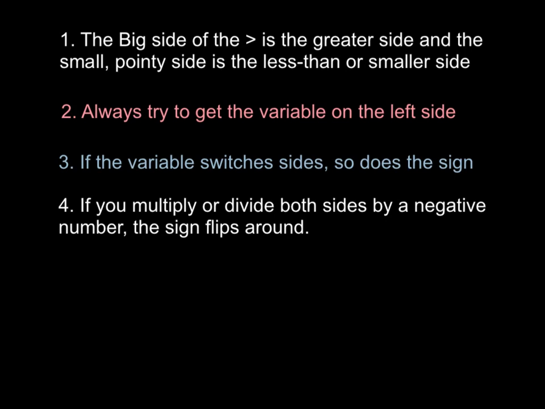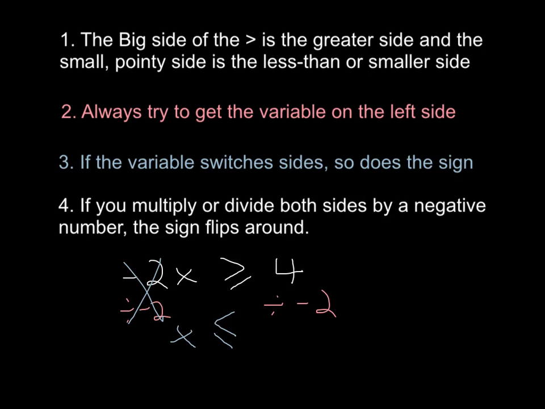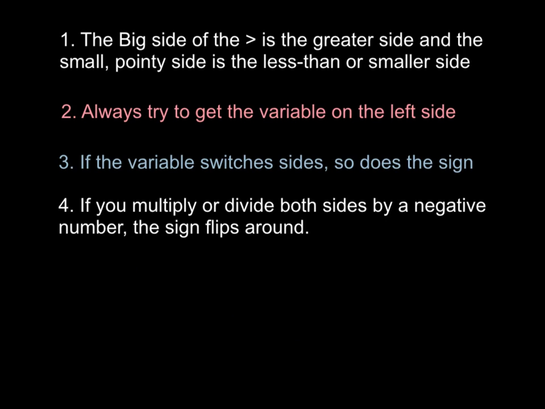So if we have negative 2x is greater than or equal to 4, if we divide both sides by negative 2, the negative 2's will cancel out on this side, and we'll be left with x, but we have to flip the sign around before making it less than or equal to negative 2. If you remember these 4 rules, you'll be in great shape.